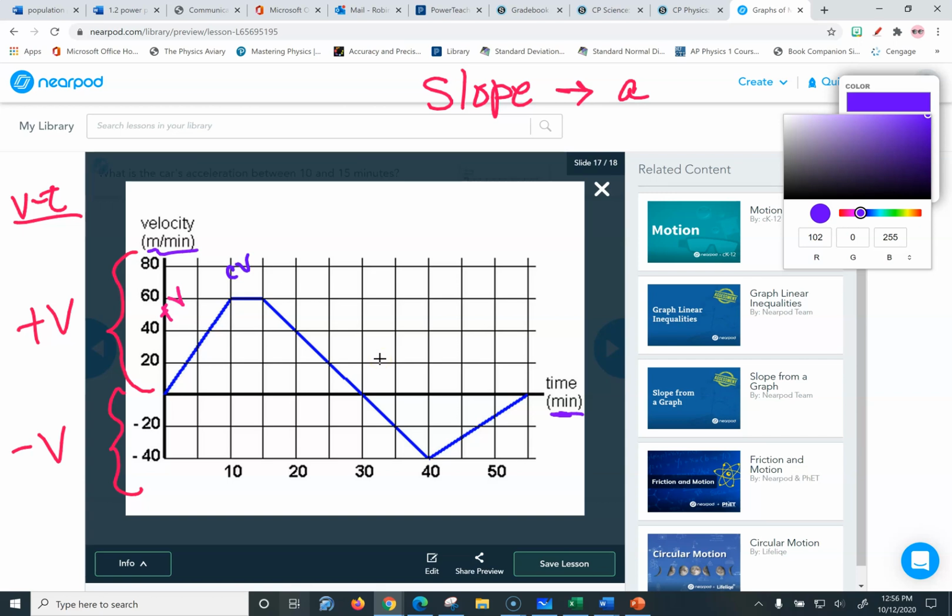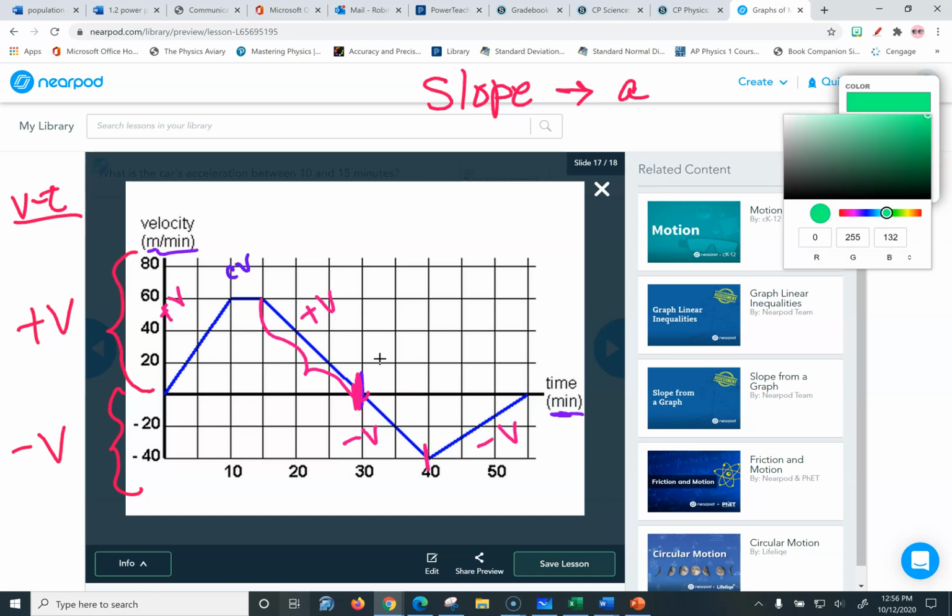This line is still positive V because it's in that upper quadrant. Down here, from this point to this point, that's negative V. This is still negative V because we're still down below.